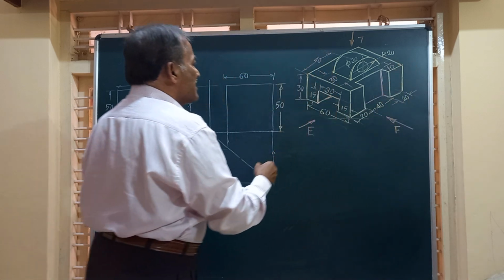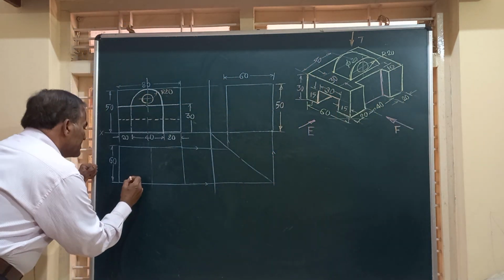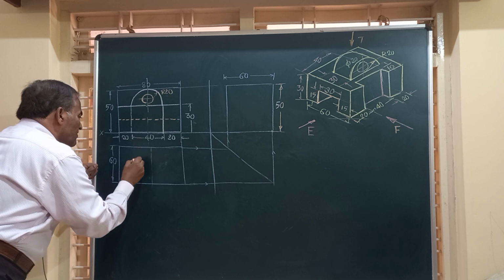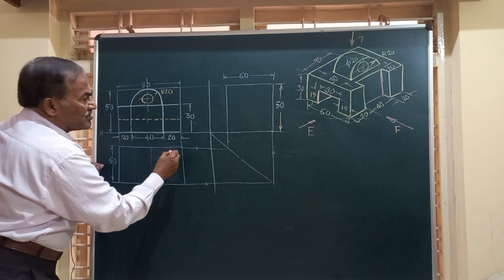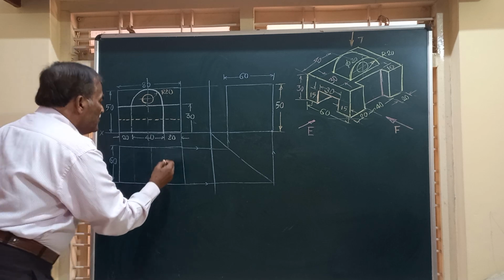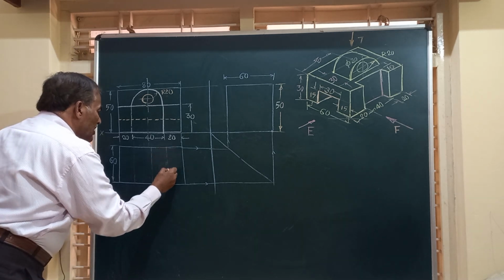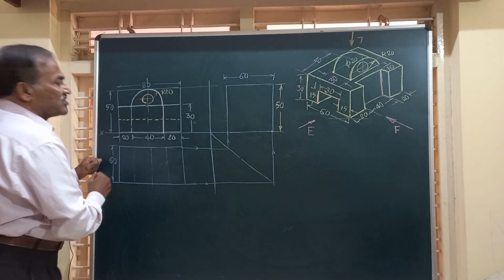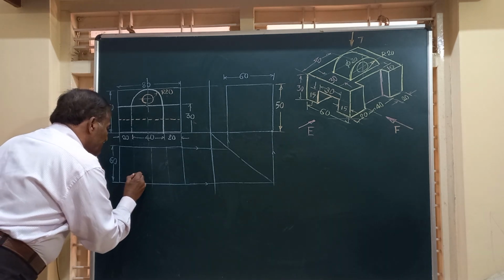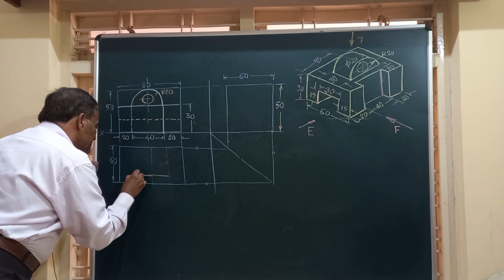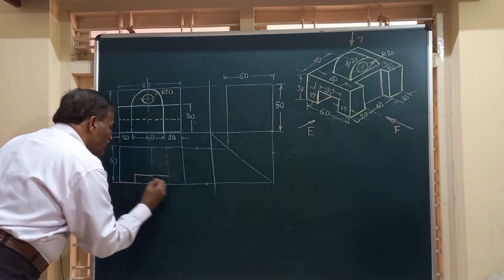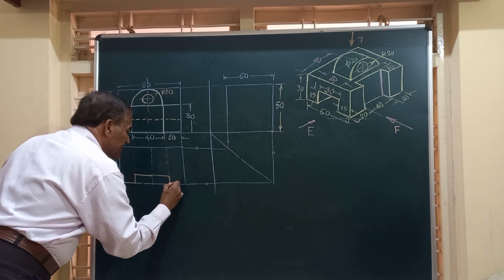So you will see that the depth is 10 millimeter, and this is 40. So friends, this is in the top view, and there is going to be a C type slot cut, that has got a height of 10 millimeter. Friends, this is how this slot appears.